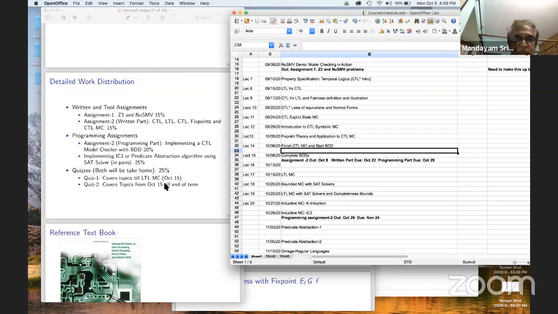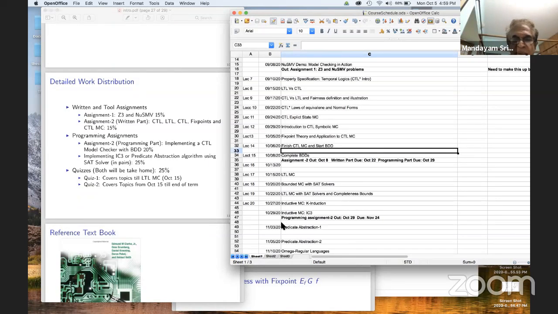So I'm making no final exam, because it's even harder to do that. Maybe only one quiz or two small quizzes just to keep you honest, and a programming project on a SAT solver. Both these techniques use SAT solvers. I'll be covering the algorithms in class, predicate abstraction as well as the other.